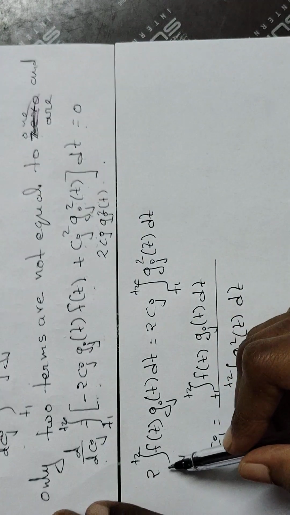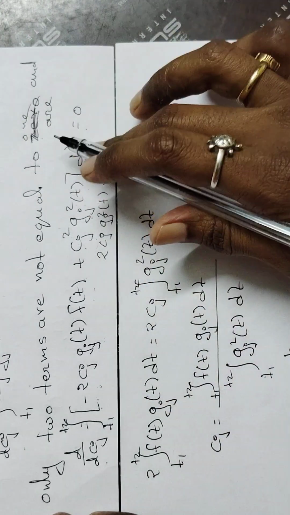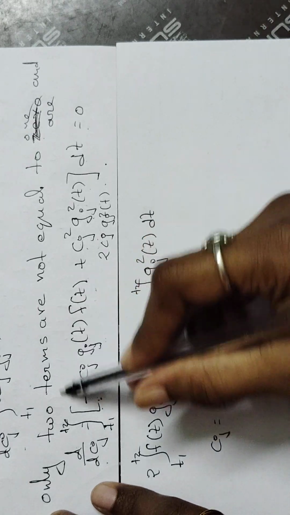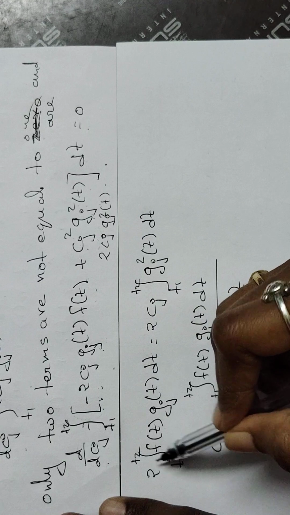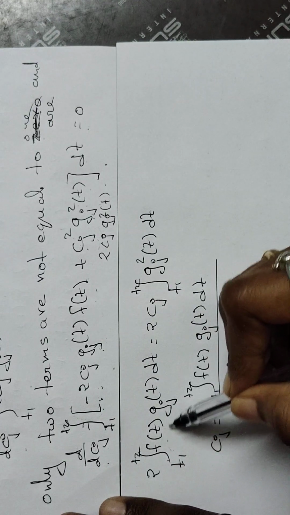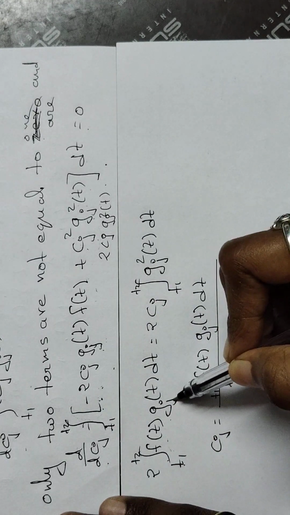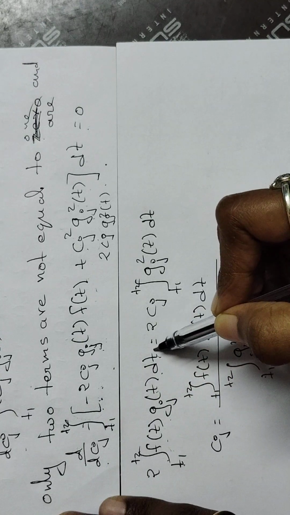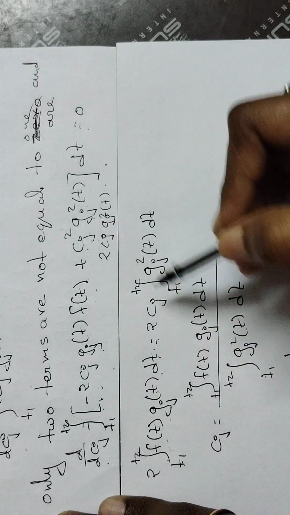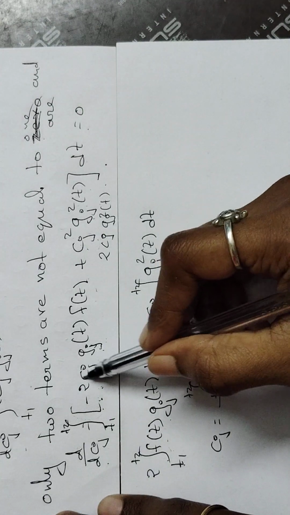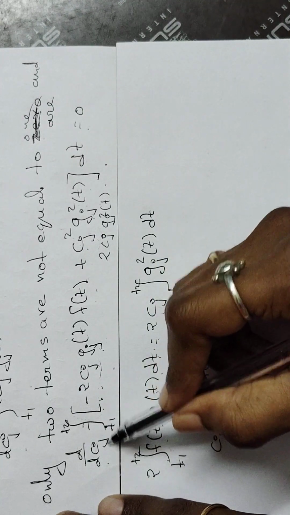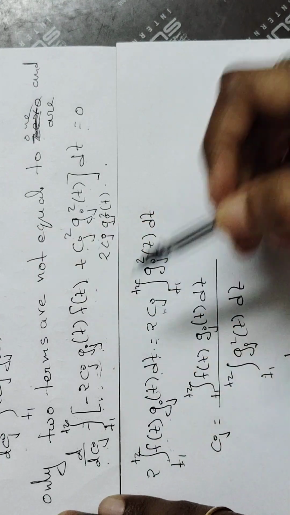Now you have to send this equation to the other side, that is 2 into integral t1 to t2 of f of t gj of t into dt is equal to 2 cj integral of t1 to t2 of gj square of t into dt, because differentiation of cj with respect to cj is 1.